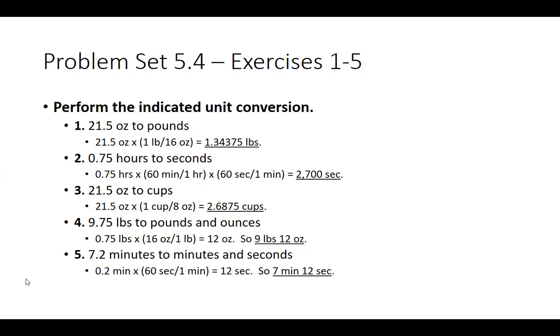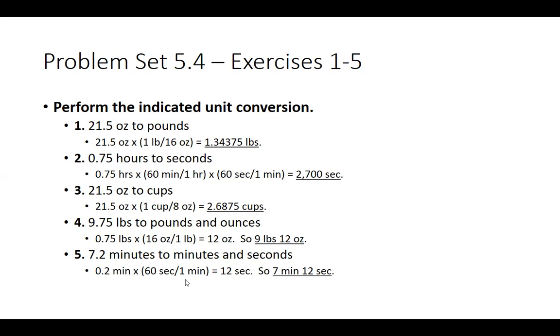In number 5, we want to convert 7.2 minutes to minutes and seconds. Similar to the last problem, the 7 part of 7.2 is already in minutes. So we just need to convert the 0.2 minutes to seconds. This is going to require a conversion factor with minutes on the bottom to cancel minutes away, seconds on top.